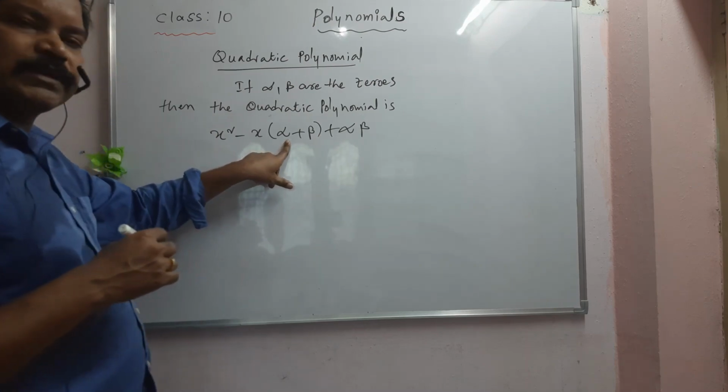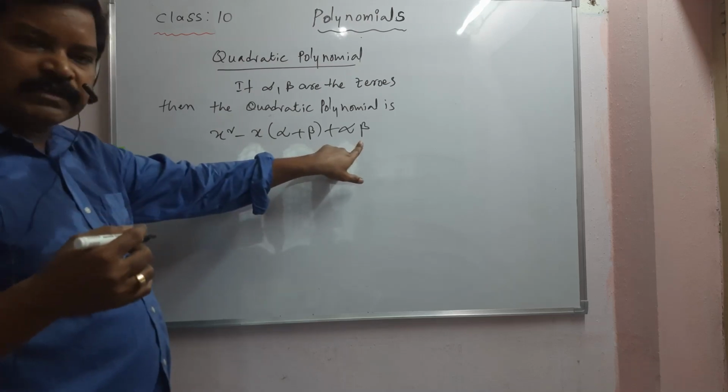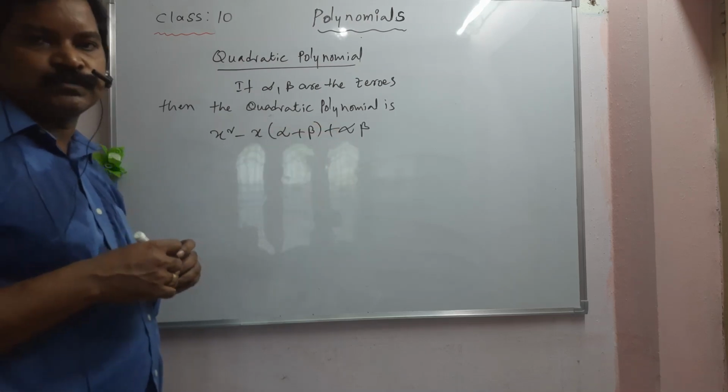Here alpha plus beta, as you know, is the sum of the zeros. Alpha beta is the product of the zeros.